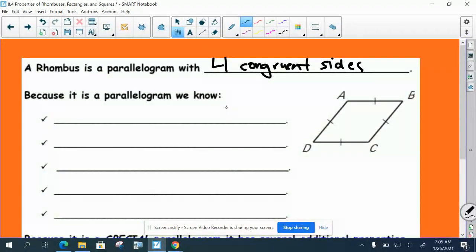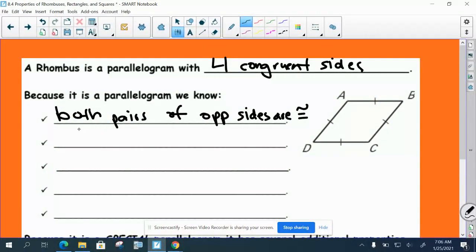Because it's a parallelogram, we also know that both pairs of opposite sides are congruent. I'm basically listing the properties of the parallelogram that we went over on Friday.